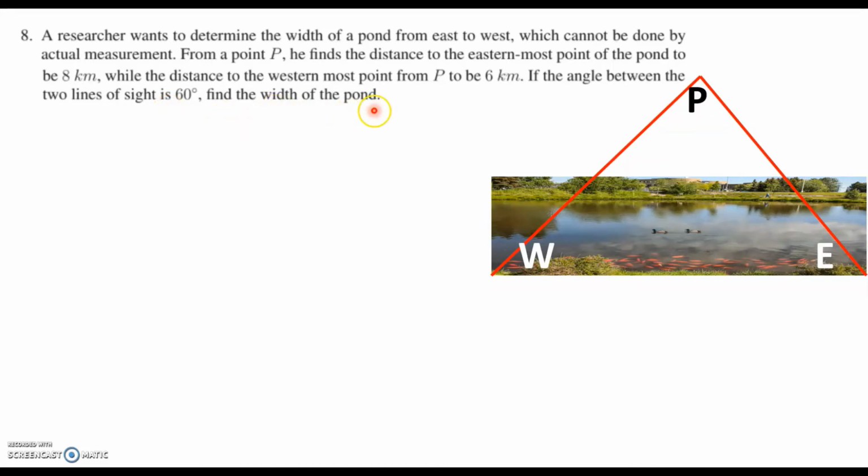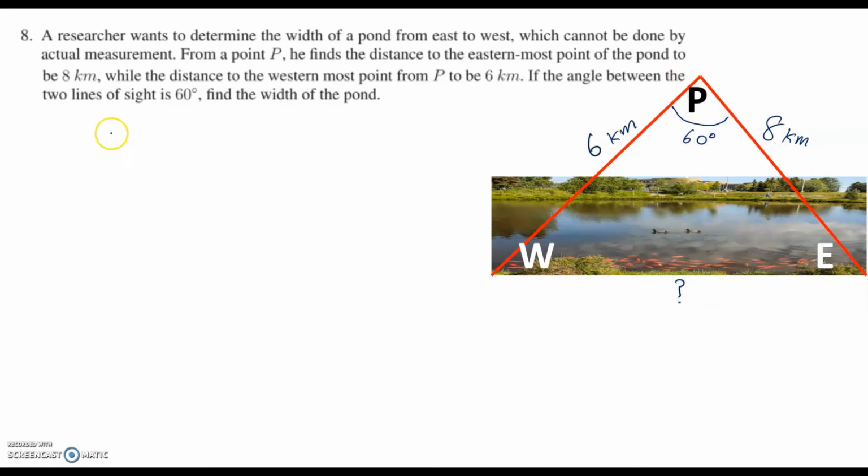So let's proceed to solve the problem. What is given to us is this length PW to the westernmost point is 6 kilometers and PE is 8 kilometers. We need to find this length, and this angle here is 60 degrees.